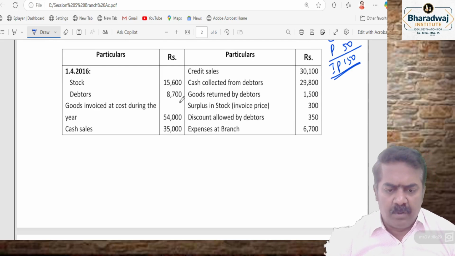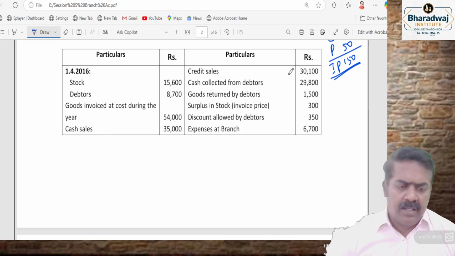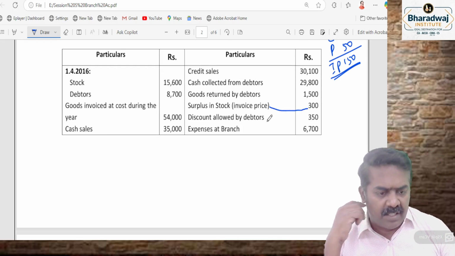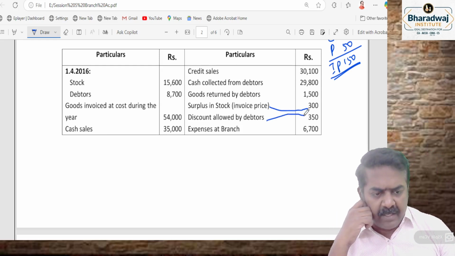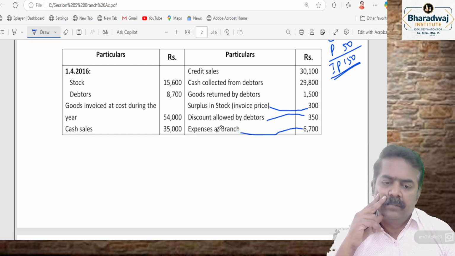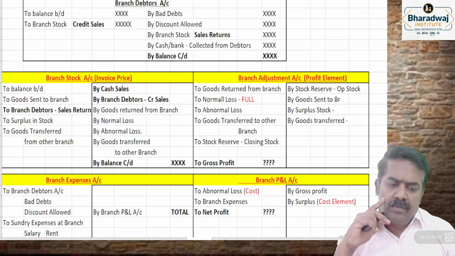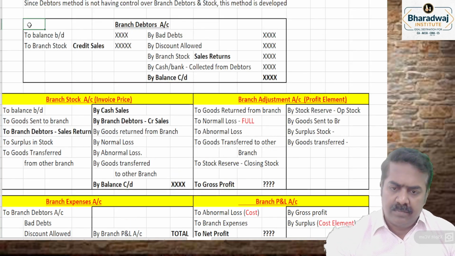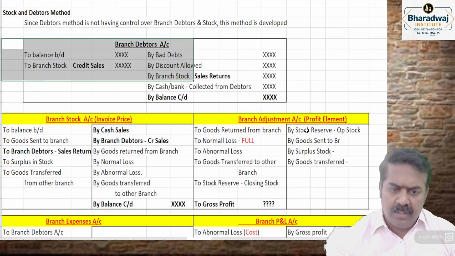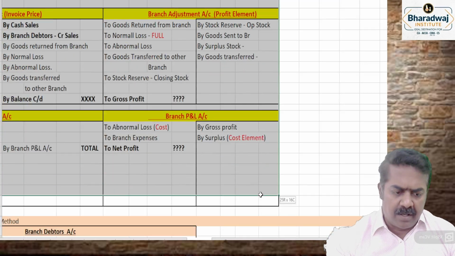Opening stock is given, opening debtors are given, goods invoiced is given, cash sales, credit sales, collection from debtors, returned by debtors, surplus in stock, invoice price is given, discount allowed by customers are given, expense at the branch is given. This question I will do. Next question you can try.